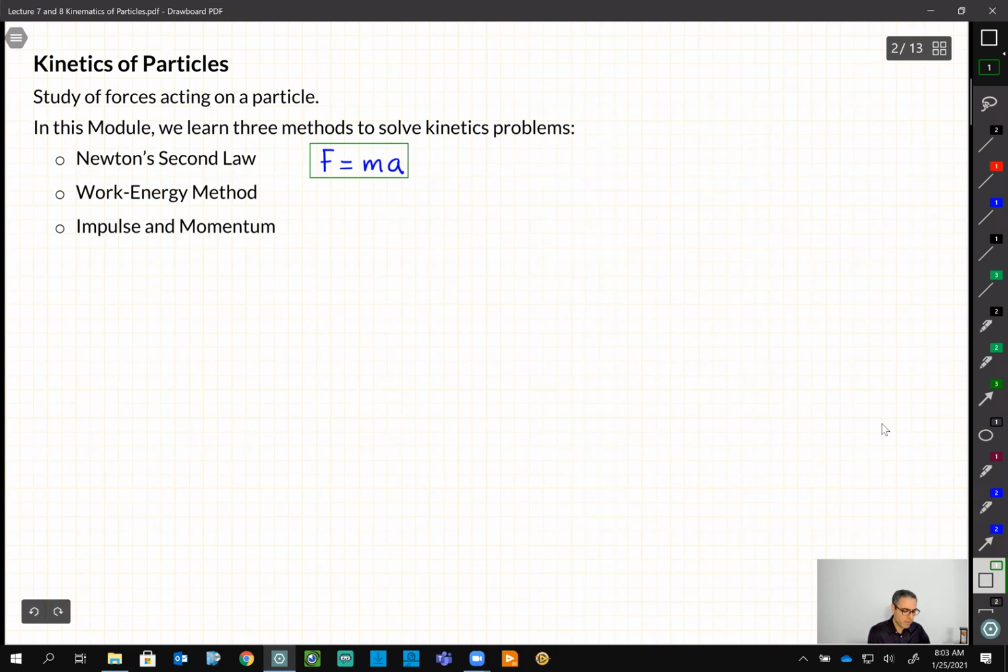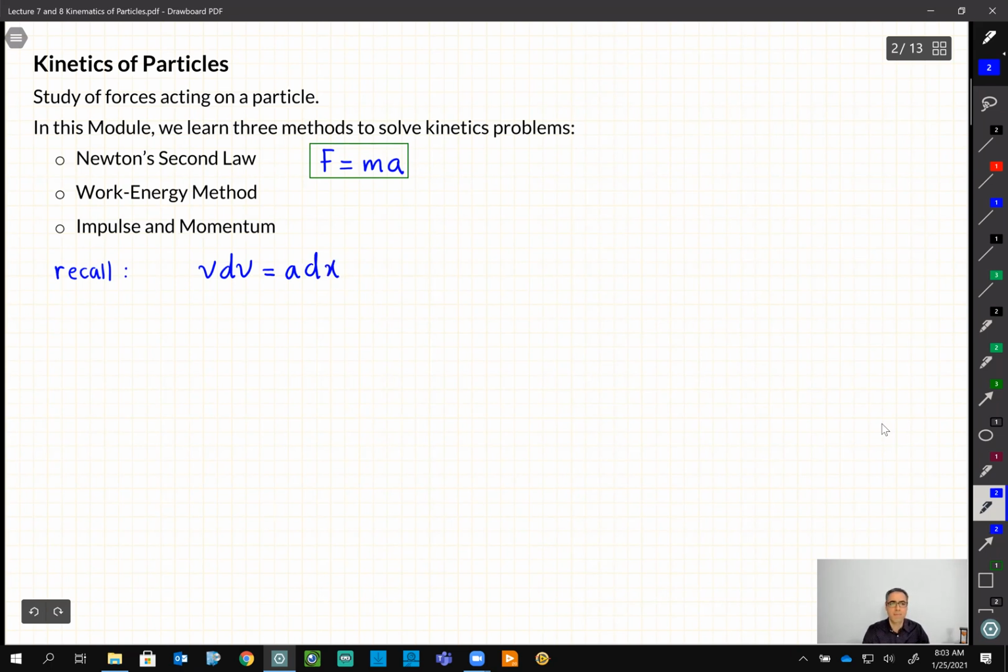If I write this formula, you guys recall from our previous lecture that we had a formula like this: v dv = a dx.